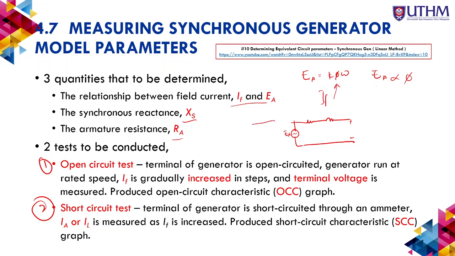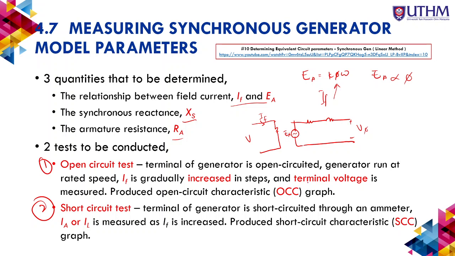So there are inputs. IF will be at the rated, we need to set that. Then we increase it slowly in steps, and the terminal voltage is measured. We measure this one, the terminal voltage.